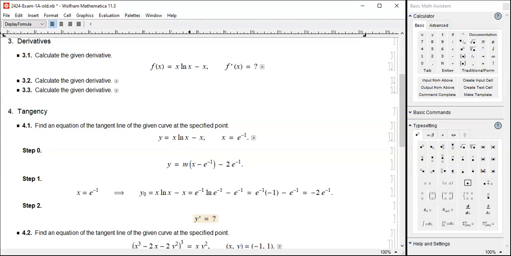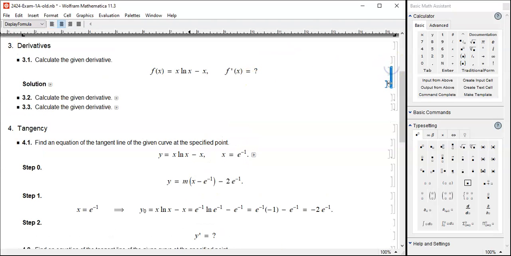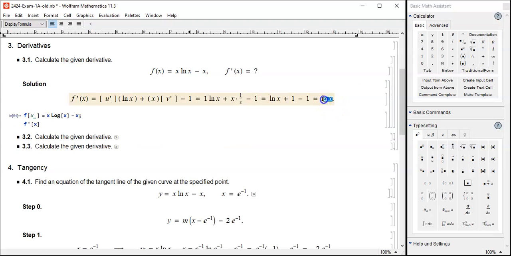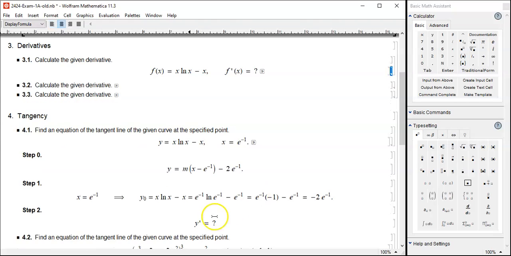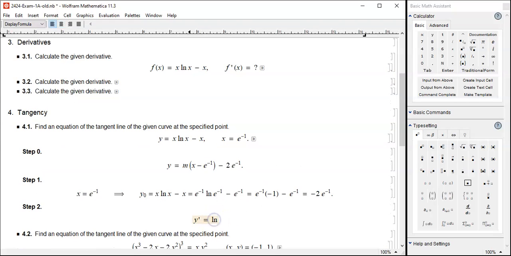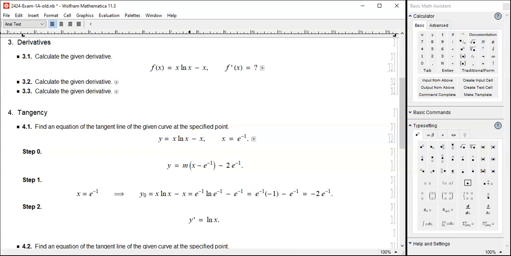Not in this case, because we already did it. The derivative is log of x. So let's recycle the answer. Log of x. So, all right. And let's go to step 3.